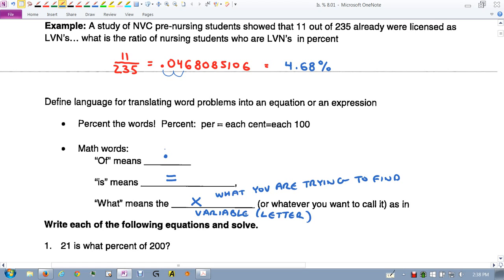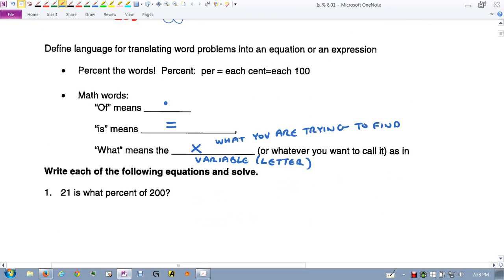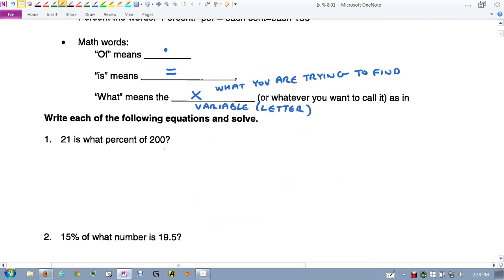Now, let's work through a problem, and you'll see how this works, okay? 21 is what percent of 200?